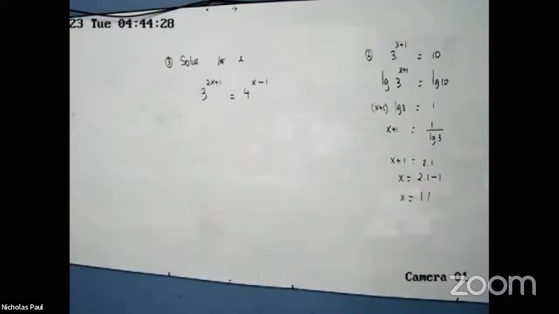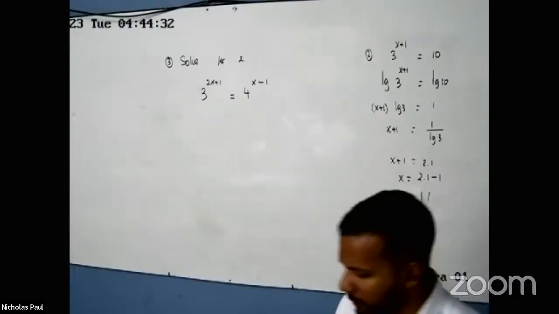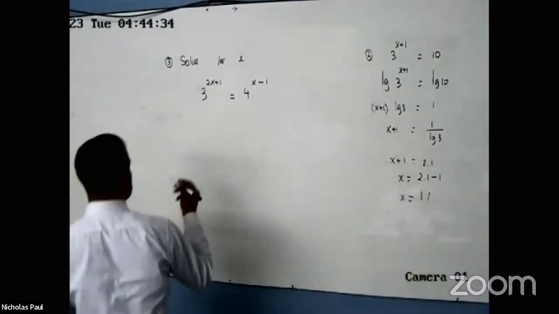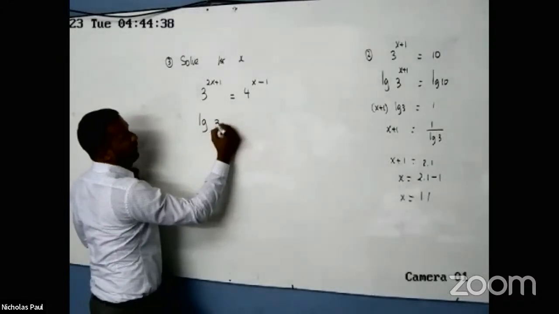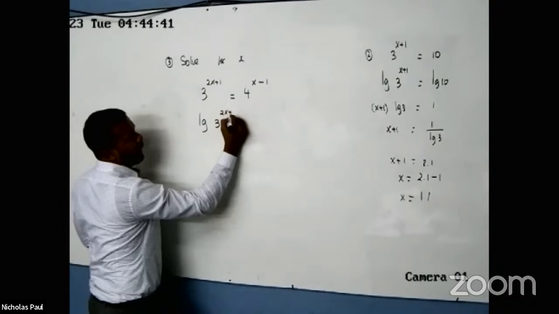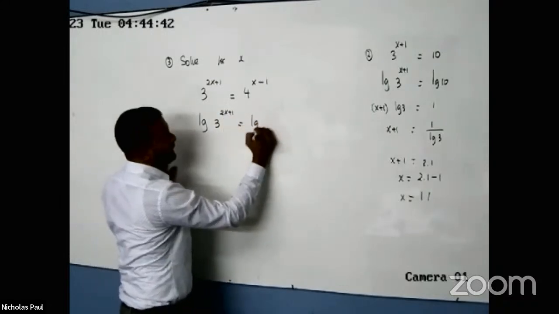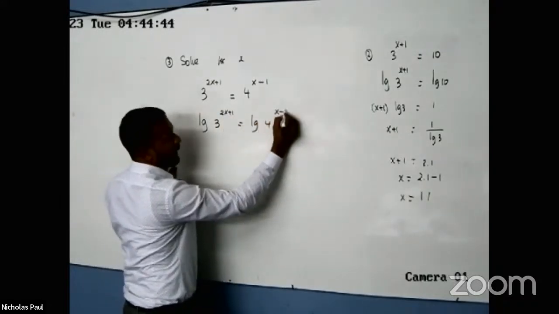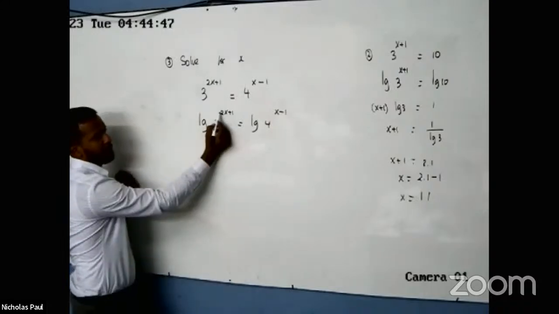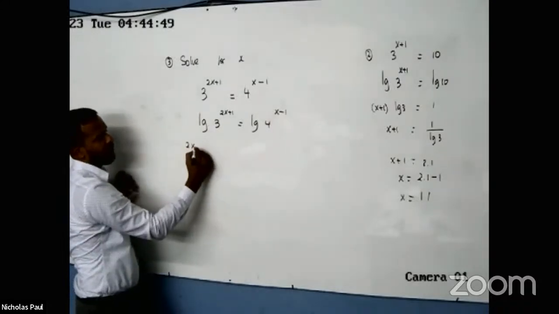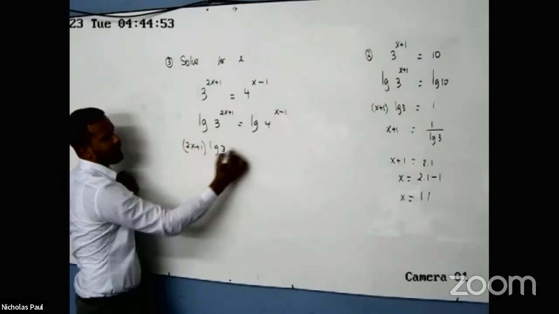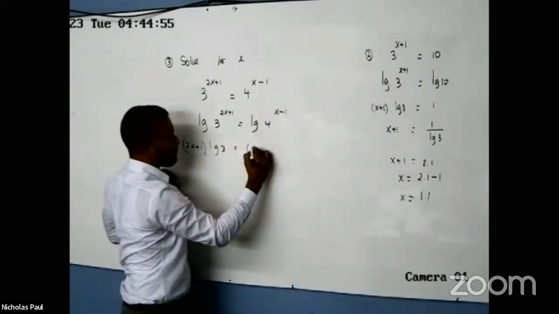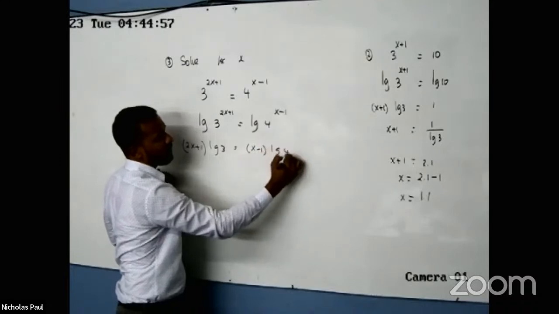All right, so I've seen some of you all getting the same value online, right? I'm going to see how you all got that. So here we're taking logs first, right? So you'll get log 3 to the 2x plus 1 is equal to log 4 to the x minus 1. This is the power, so it comes in front, log 3. This is the power, so it comes in front, log 4.